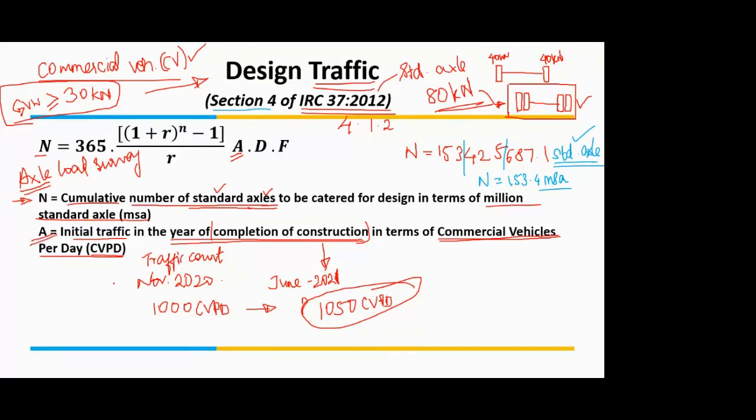Now again, how you will get this: you have done the traffic volume count. So this 1000 CVPD you have got from the CTVC survey, classified traffic volume count survey, and then you have also done the OD survey, and combining these two, you will find out the traffic projections.